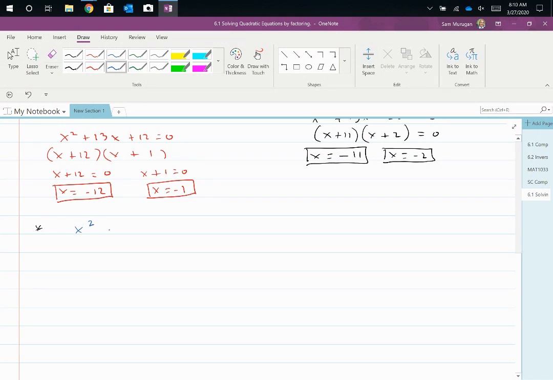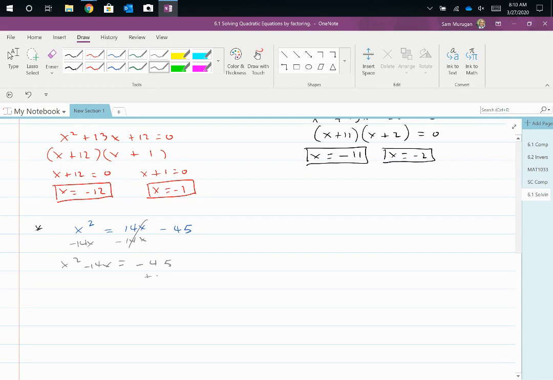x squared is equal to 14x minus 45. So order of operations here, you would take away 14x from both sides to give x squared minus 14x is equal to negative 45.